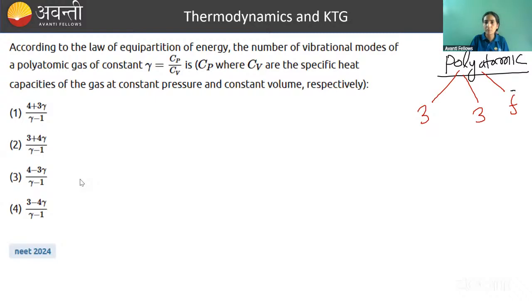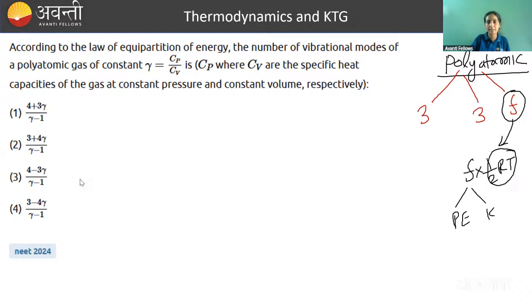So if vibrational mode of freedom is F, then how many energies it will have? It won't have F into half RT energy, because half RT is for one thing, right? F degrees of vibrational mode means it has already 2 things, potential energy and kinetic energy, right? So in case of vibrational mode, you have to be careful.